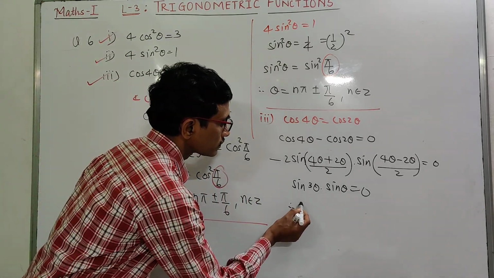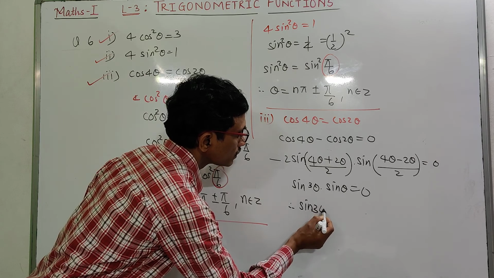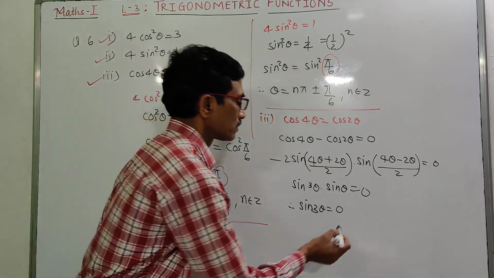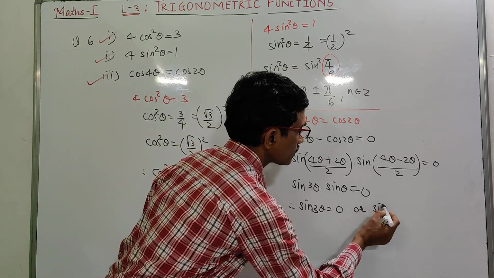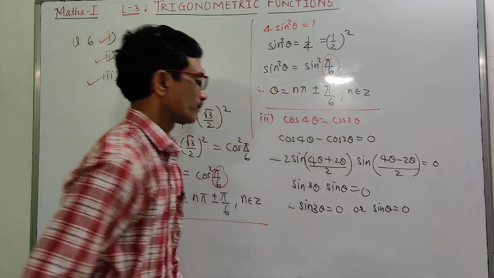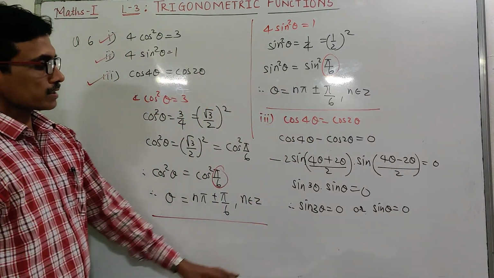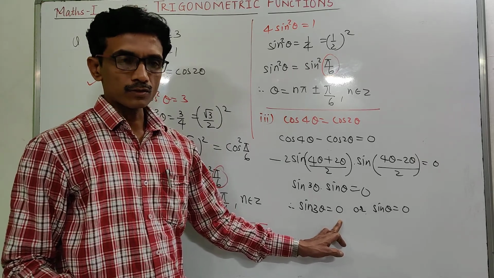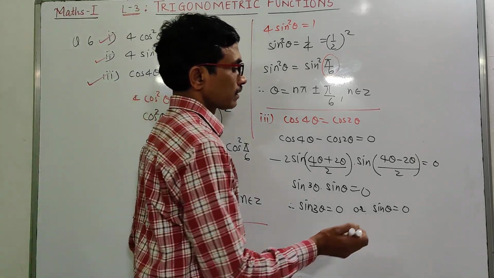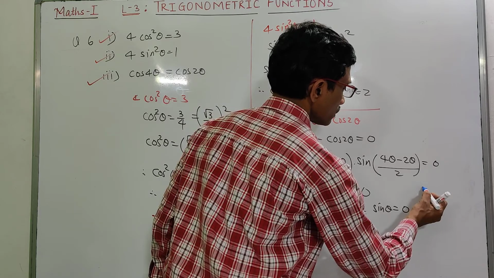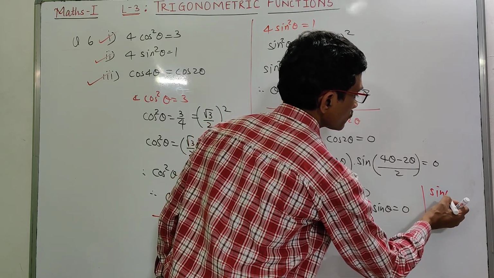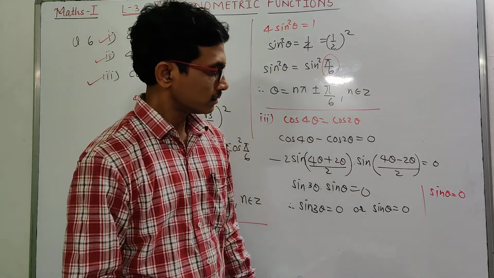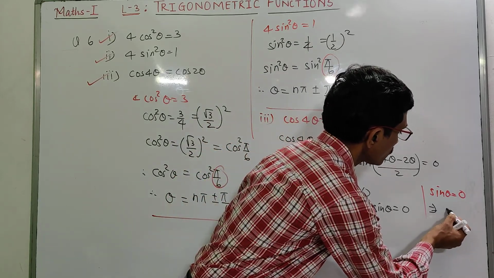Sine 3 theta is equal to 0, or sine theta is equal to 0. Now sine theta is equal to 0 implies what? Theta is equal to n pi.